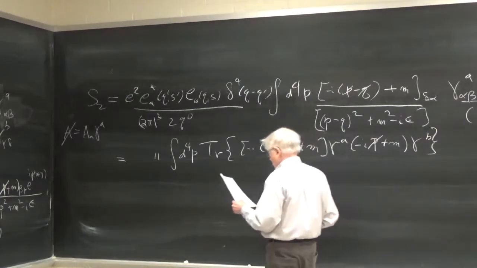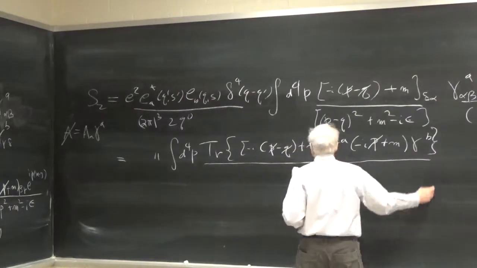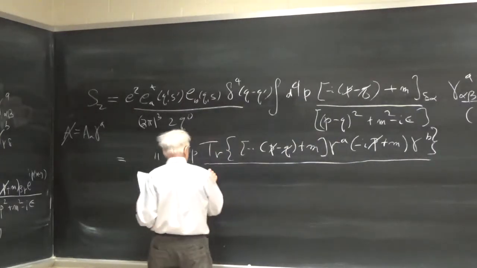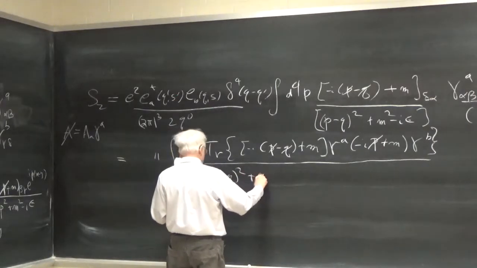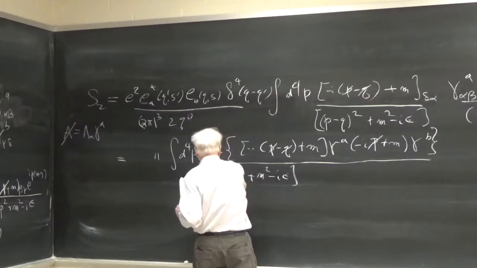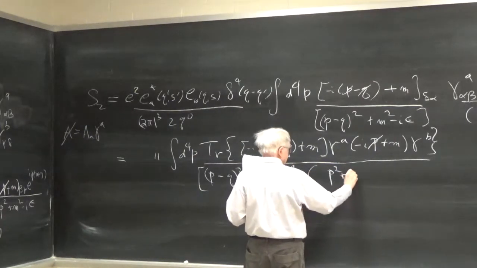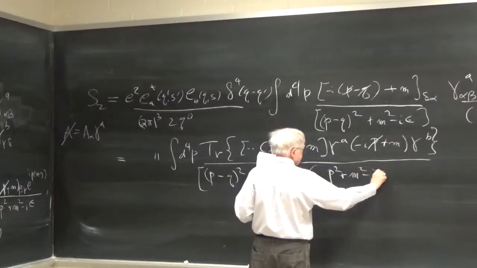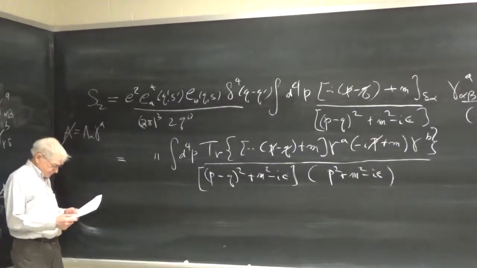So that's the numerator, the trace, which is just that trace. And then the denominator is the product of p minus q squared plus m squared minus i epsilon times p squared plus m squared minus i epsilon. So that's what we've got to evaluate with this prefactor.